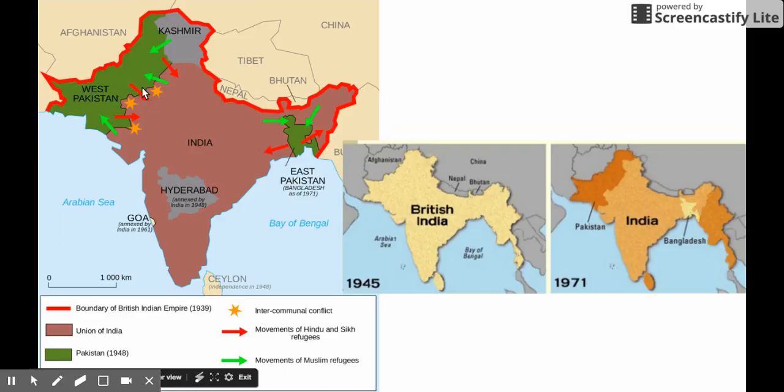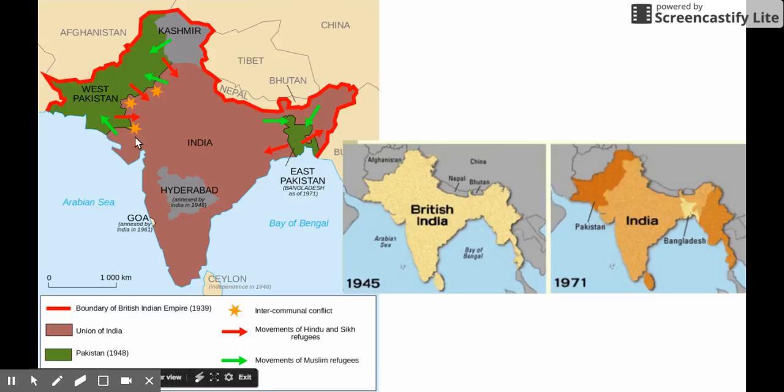And then we had West Pakistan and East Pakistan that were the Muslim land. And all of this fighting went back and forth between the border between West Pakistan and India and East Pakistan. In 1971, this East Pakistan did become Bangladesh, so even more change and chaos happened after these wars happened.